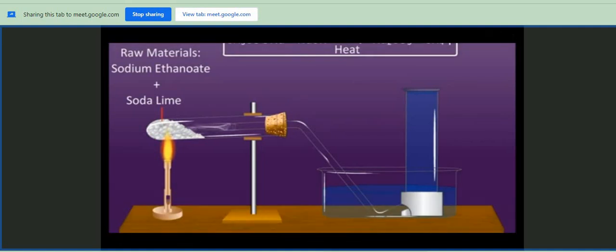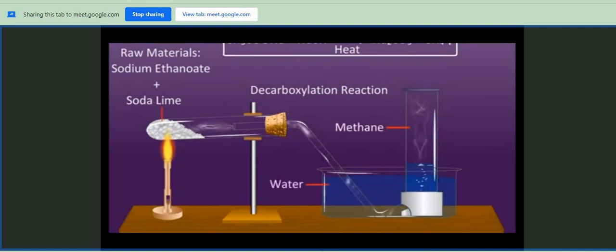In this reaction, a molecule of CO2 is removed from carboxylic acid, and therefore the reaction is also called decarboxylation. The methane gas so formed is passed through a delivery tube, as shown through the animation, and is collected by downward displacement of water.